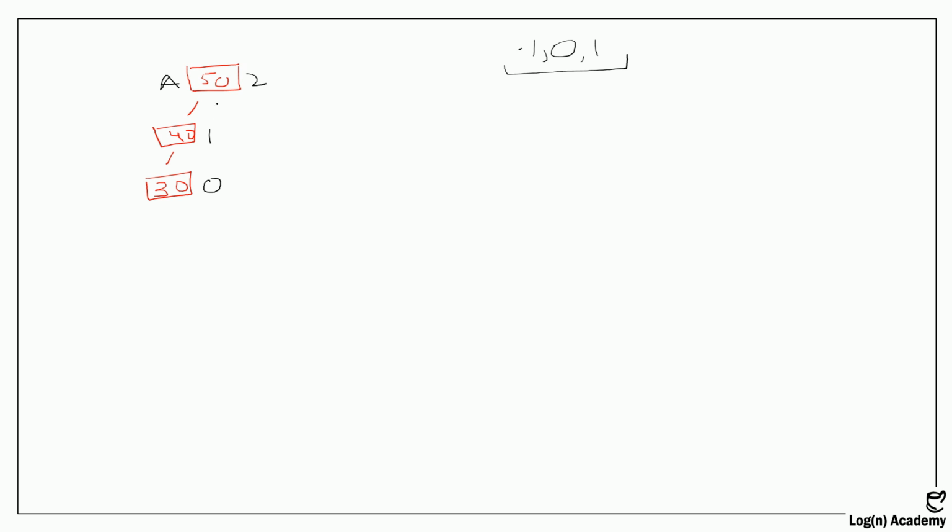On the left hand side of 50 we inserted 40, on the left hand side of 40 we inserted 30. So it is LL, left and left. We inserted 30 on the left subtree of 50, right?